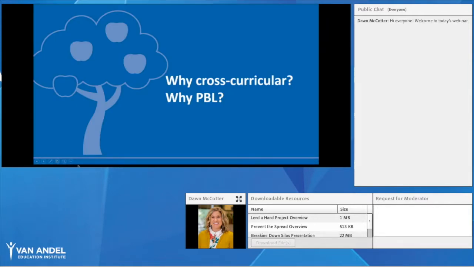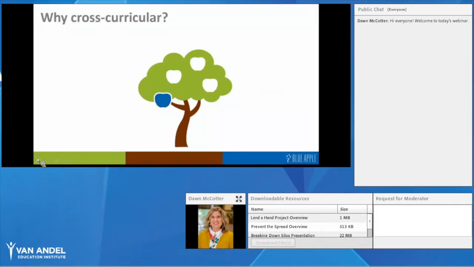Okay, so why? Why teach in this connected approach, and why PBL? Well, there are many reasons to teach integrated content. And so I just pulled out some of the main ideas that I wanted to highlight. And first, it's authentic. In life, we don't separate knowledge into different buckets.